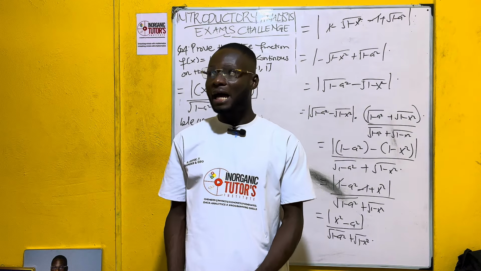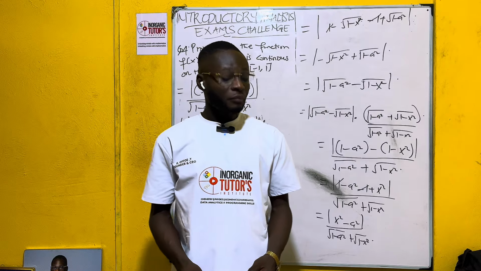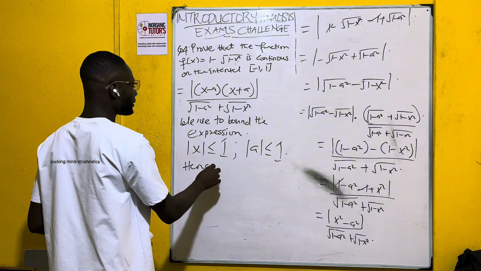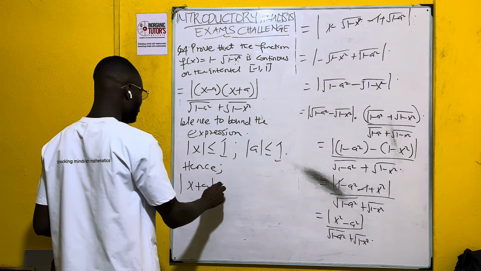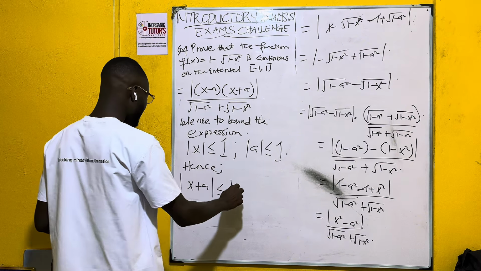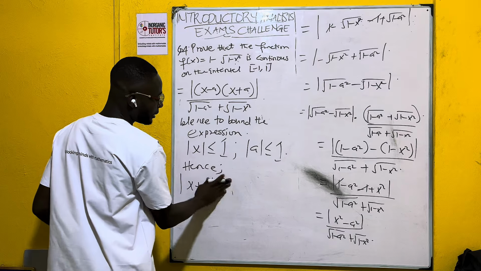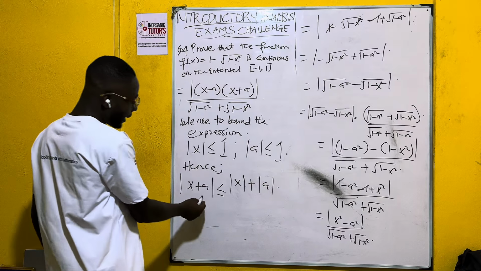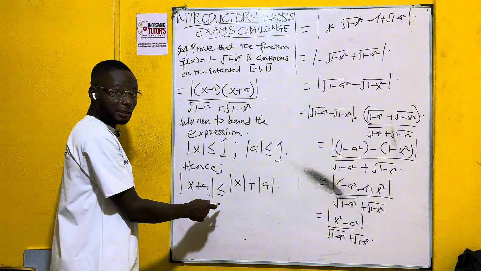Right, so if absolute value of x is less than or equal to absolute value of a, then we can say that absolute value of x plus a should be less than or equal to absolute value of a plus absolute value of x, if you are using the inequality sign, right?